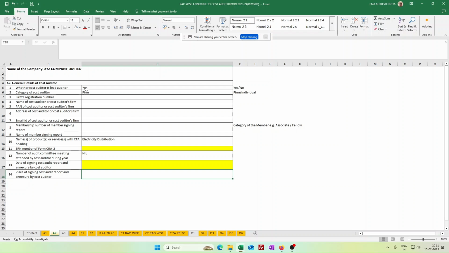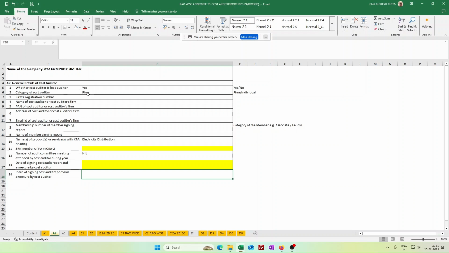So lead cost auditor means who is consolidating the branch auditors' reports and who is leading the entire audit procedures. He is called lead auditor or principal auditor. Here, whether the cost auditor is lead auditor, in case of branch auditor he will write no. In case of company auditor he will write yes.